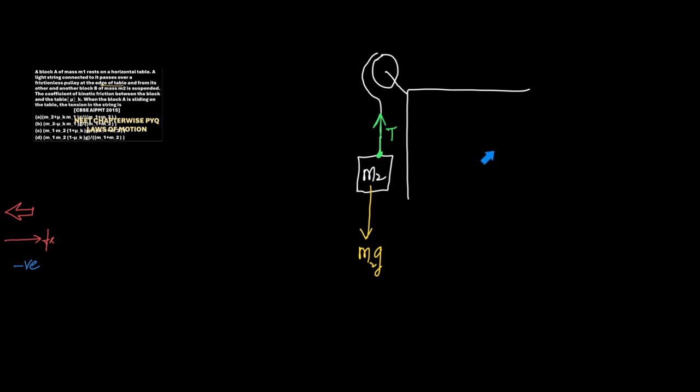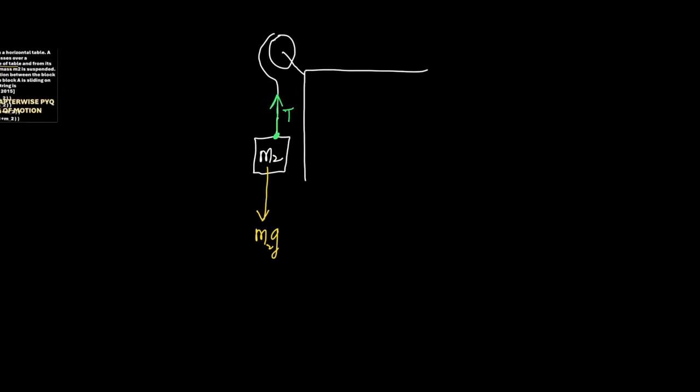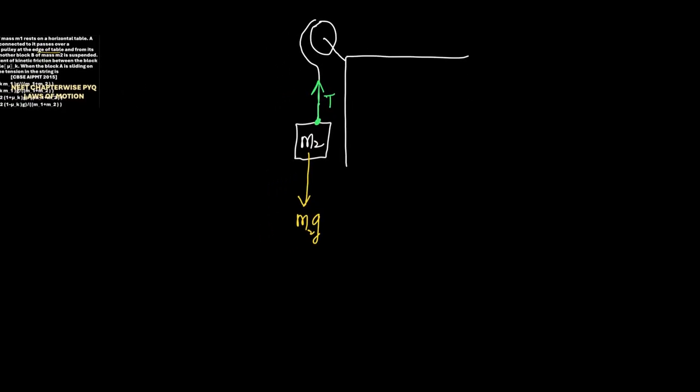It will move only in the vertical direction, which means for this body we can write that sigma fx is equal to 0, whereas sigma fy here would be equal to m2 into a.